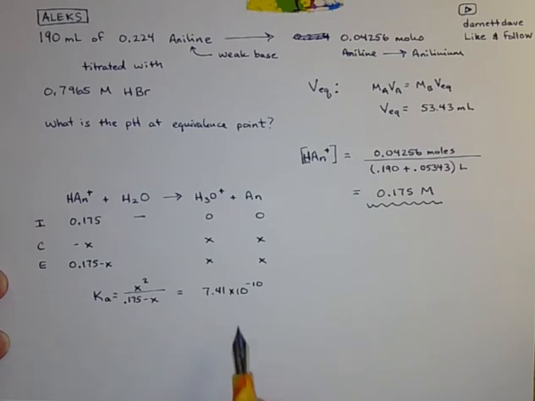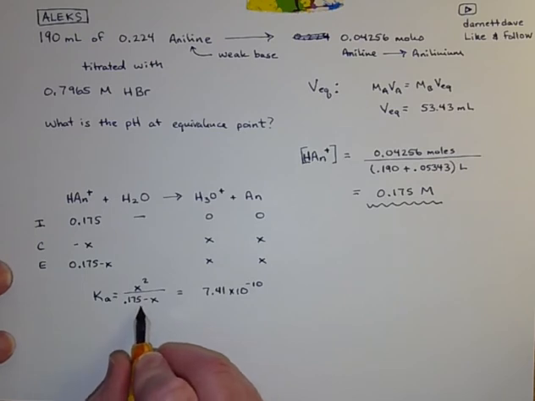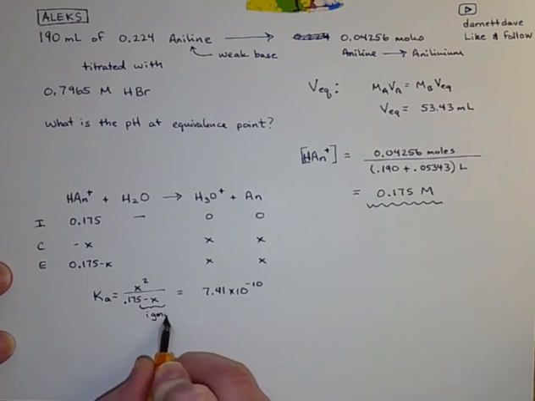Now Aleks did not give us that. It gave us the pKb for aniline. So we had to do a little bit of work to get to the Ka for the anilinium ion. In either case, we've got this equilibrium that we need to solve. I would suggest trying to ignore X in the denominator.